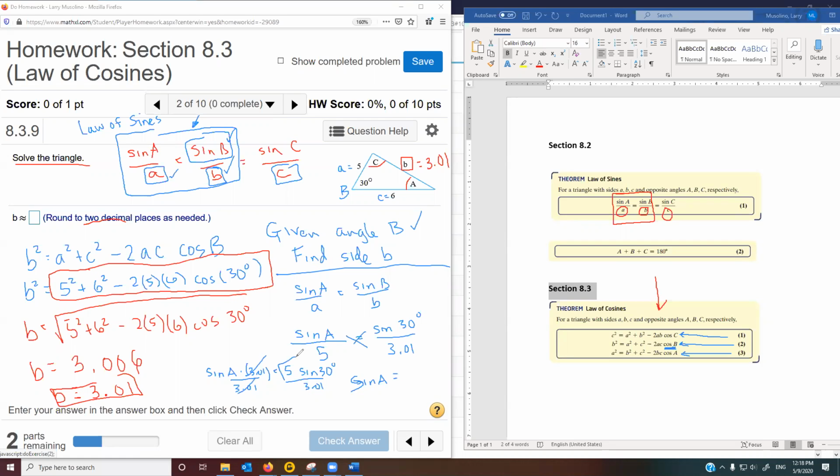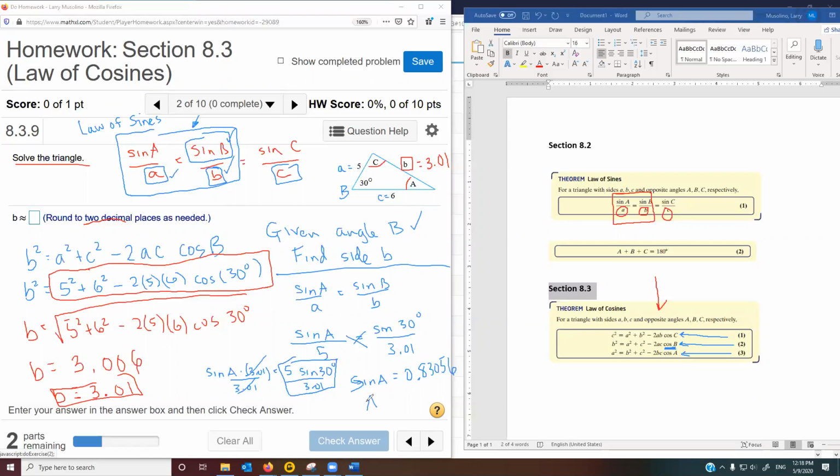So I'm going to be working out this box on my calculator. 5 times sine 30 divided by 3.01. And so I'm getting that sine A is 0.83056. Now I'm going to take the inverse sine to get angle A.